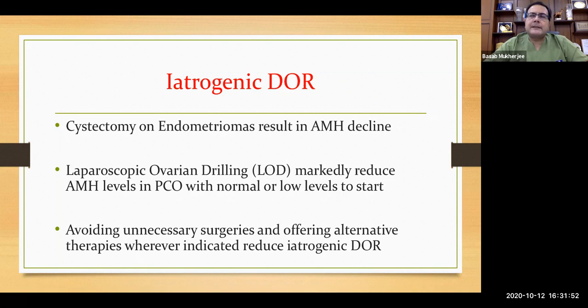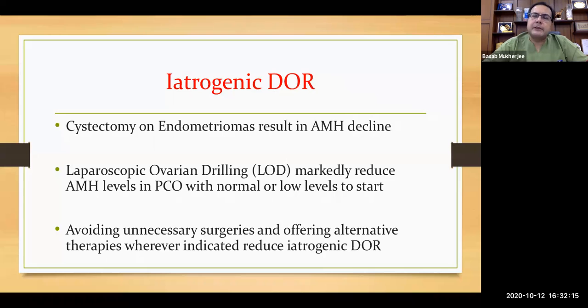So a lot of people have started doing AMH levels before and after surgery just to tell the patient that I'm not responsible for your AMH decline. I personally do not support that opinion, but I think a lot of people do it for medico-legal reasons, so that nobody can blame me that the AMH has come down because of my surgery. And now that can be anybody's guess why the AMH has come down.